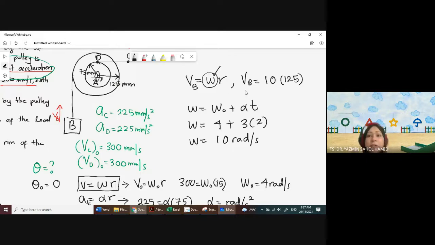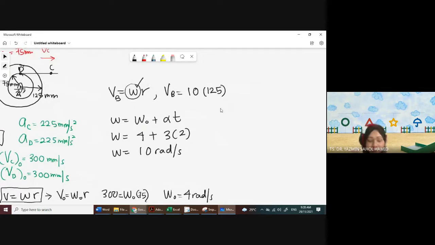So berapa velocity of block B kita? 1,250 unit millimeter per second. Kalau you nak tukar meter per second pun boleh, bahagi 1000. Itu adalah velocity of block B.